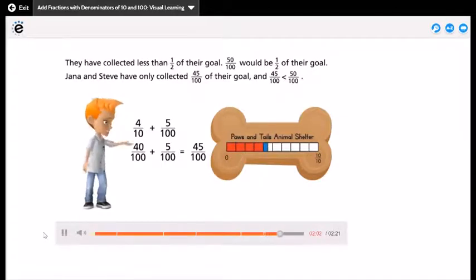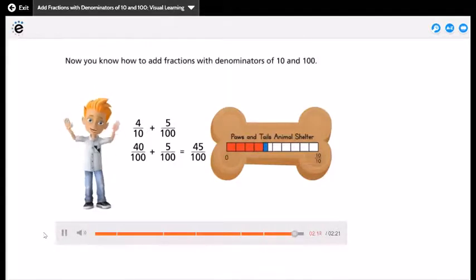Jana and Steve have only collected 45/100ths of their goal, and 45/100ths is less than 50/100ths. Now you know how to add fractions with denominators of 10 and 100. Great job!